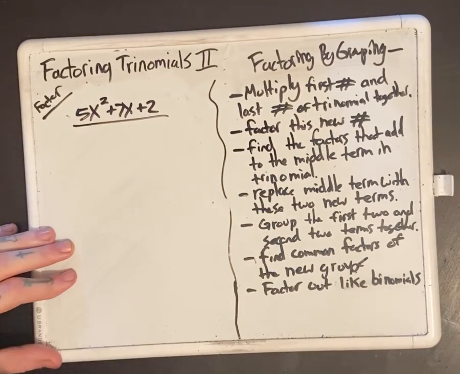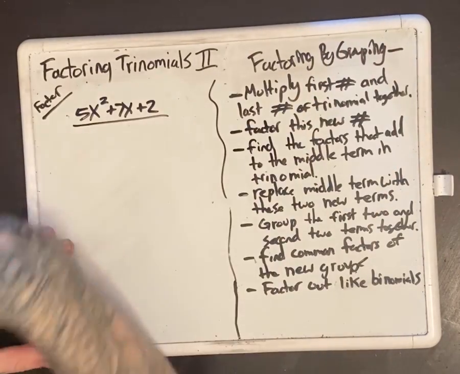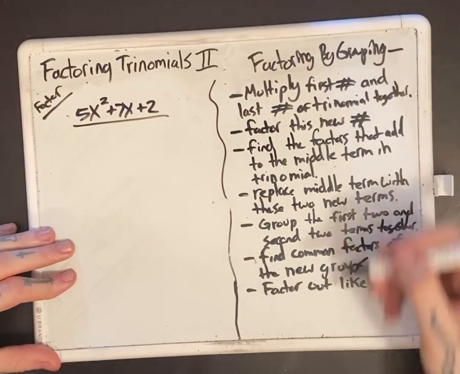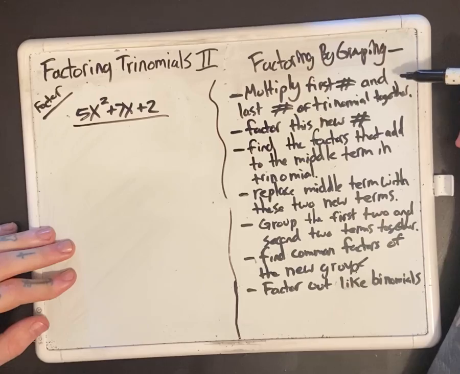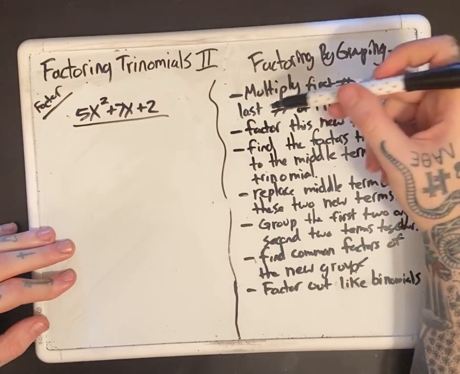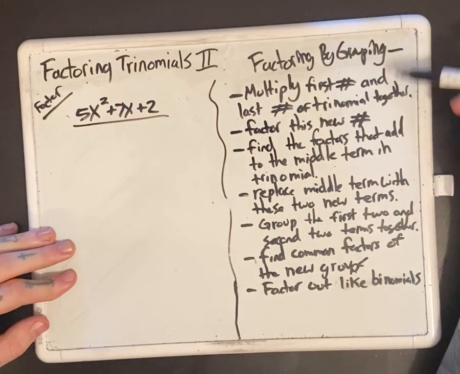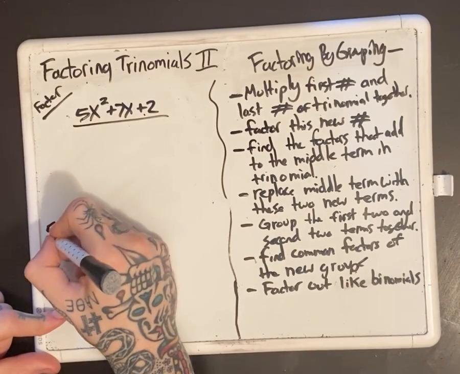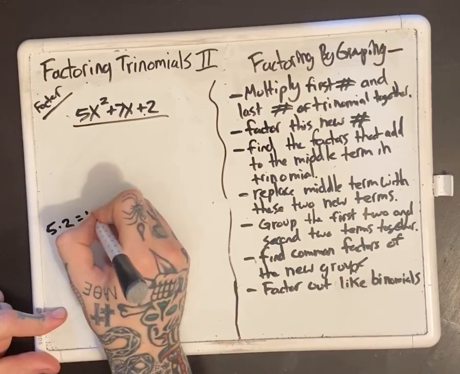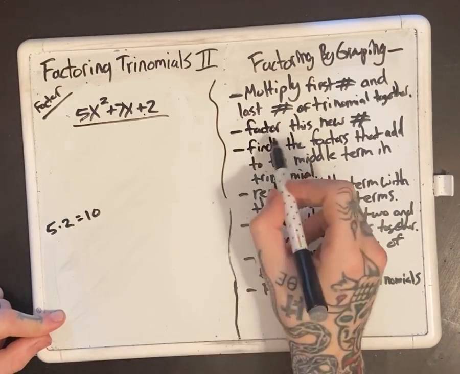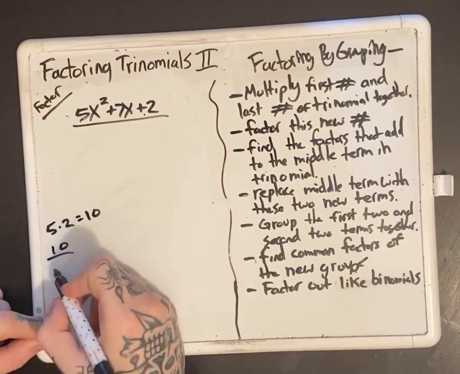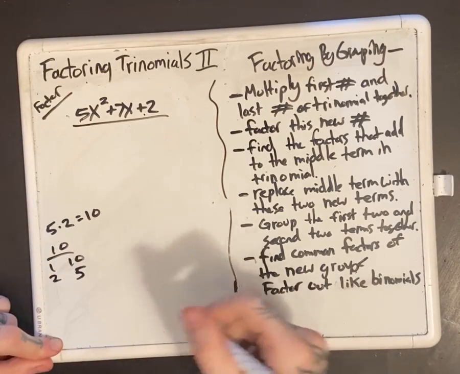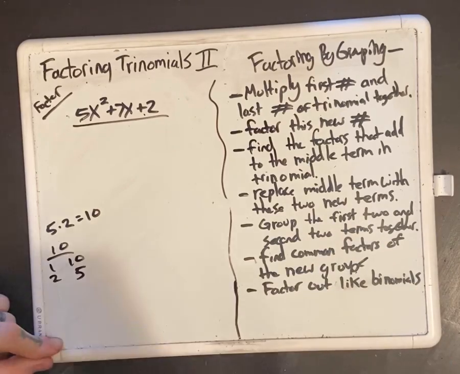Okay, so we see there's a number there, so we have to use either the guessing and checking or factoring by grouping. Let's just do it this way, just to get more practice. Multiply first number and last number of the trinomial together. So the first and last are 5 and 2. So that gives us 10. Now we're going to factor that new number, 10: 1 and 10, 2 and 5. Okay? Not many factors, thank God.